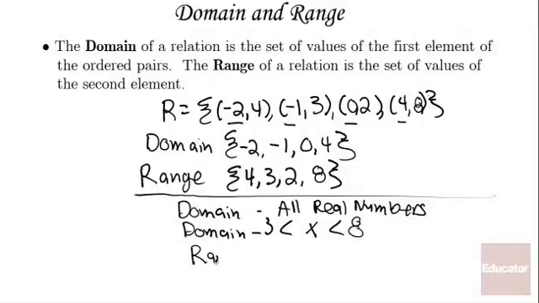The same with the range. It could be all positive integers. So these are some examples of domains and ranges that you could see. And up here, we were just given a specific set of ordered pairs, so it's a very limited domain and range.